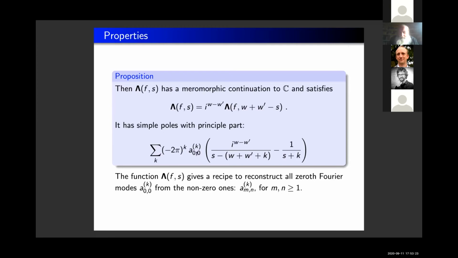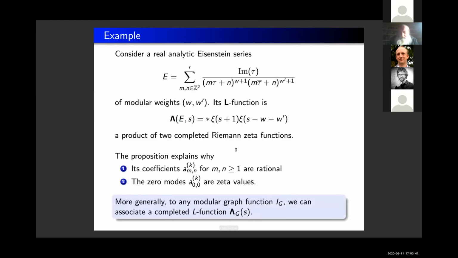So that's kind of fun, because recalling the definition of the L function, it didn't use the zeroth Fourier modes at all. So this L function gives us a recipe: if we know all the other Fourier coefficients for M, n bigger than 1, then we can reconstruct the zeroth Fourier modes by forming the L function and taking its residue. So I think that might be of some use.